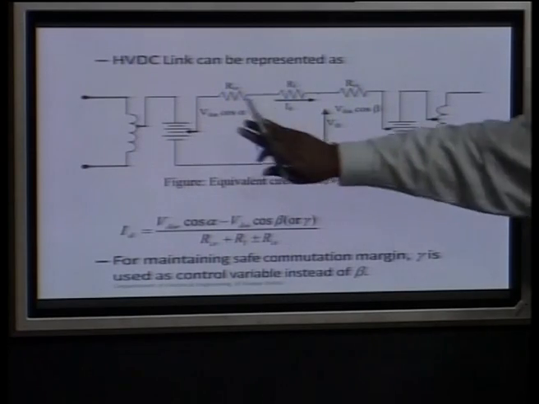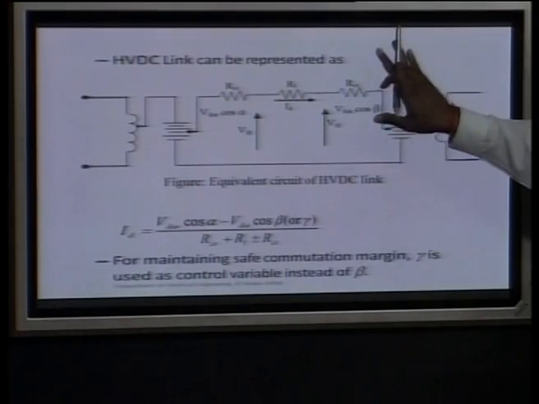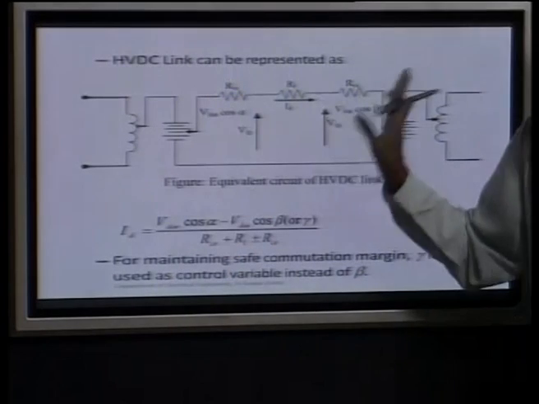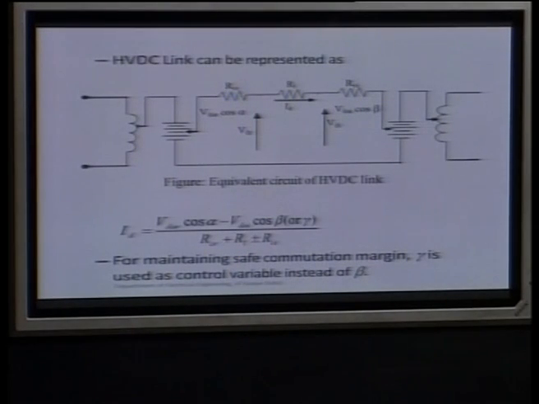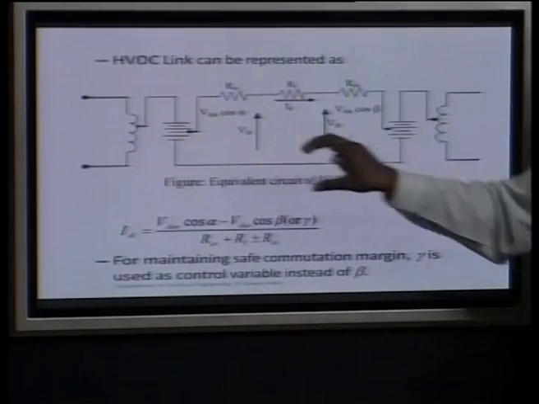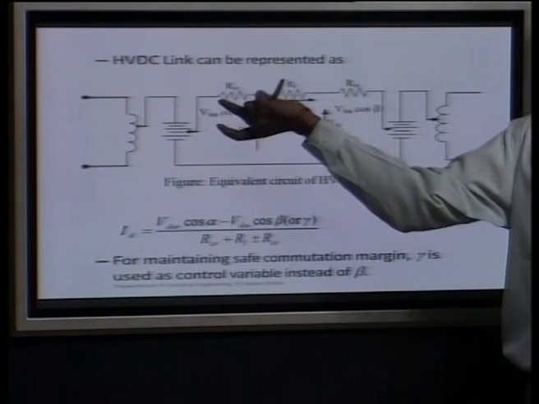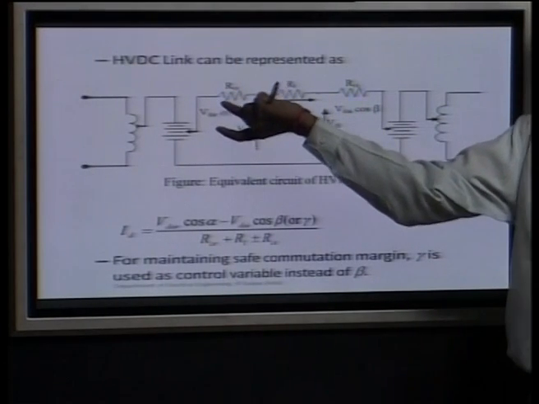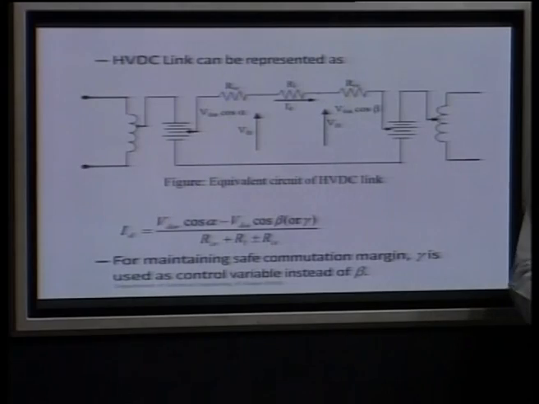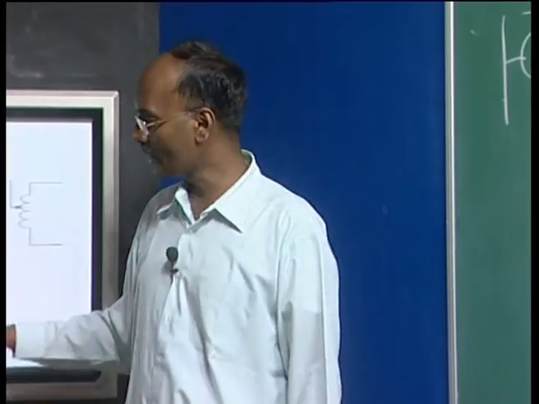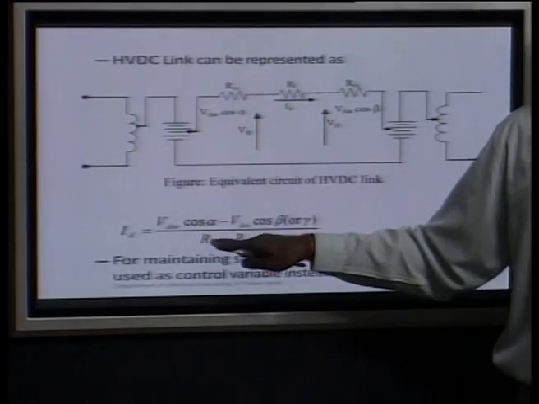Now from this circuit we can write what will be the ID in this link, and that expression I have written here: simply this voltage minus this voltage divided by the resistance of the line, the commutation resistance of the rectifier, and here the inverter commutation resistance. Now you can see this expression is written.